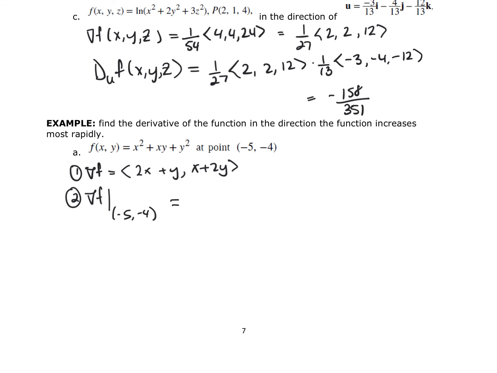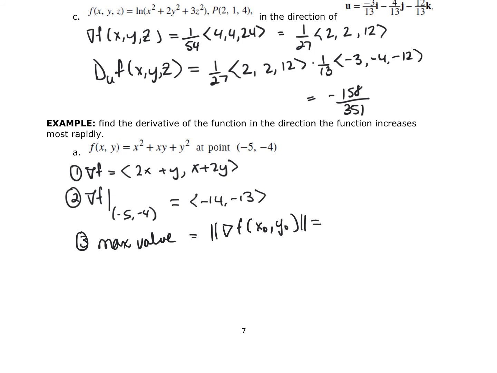I'm going to end up with negative 14, comma, negative 13. Now I know that the maximal value is going to be the magnitude of my gradient. So the max value is going to be the magnitude of my gradient evaluated at my x naught, y naught.